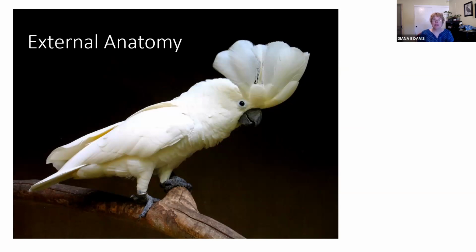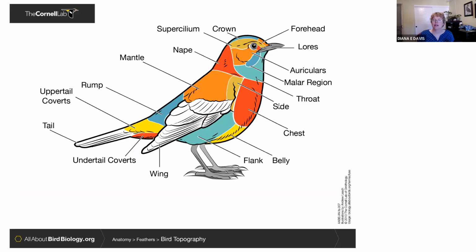The next part is the external anatomy of the bird. There are a lot of terms here. So let's, yes, absolutely. Guys, get a screenshot of this one. This is the major parts of the bird on the outside.